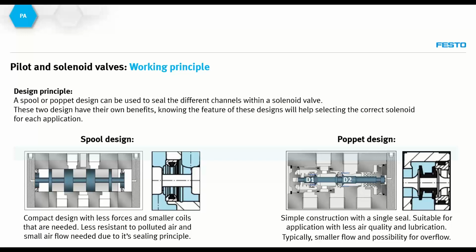But there are also some cons, because it's a very highly precisely machined piece of stainless steel and aluminium with a very small orifice opening in between. Sometimes we make use of O-rings, but in general, there's always a little bit of a small air gap. This means that sometimes a very small leakage flow is seen with these types of valves.